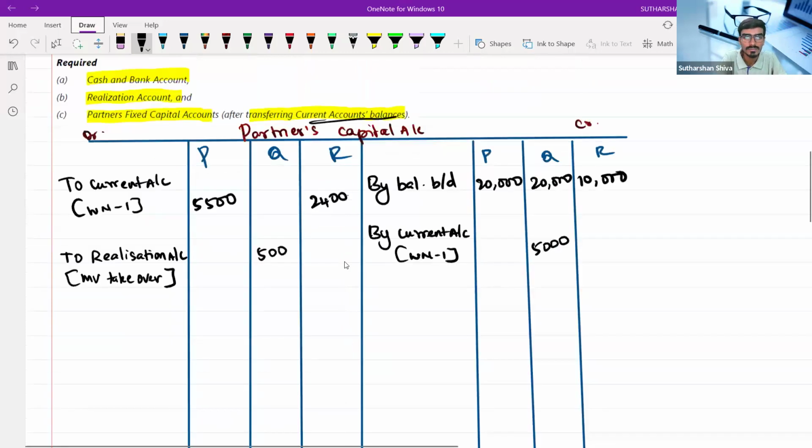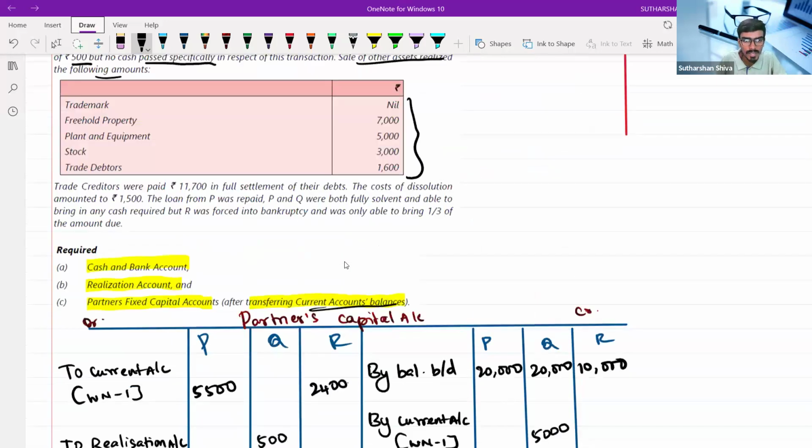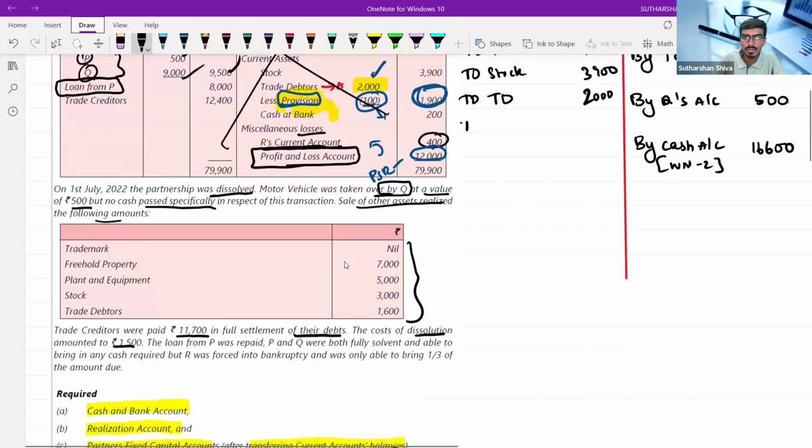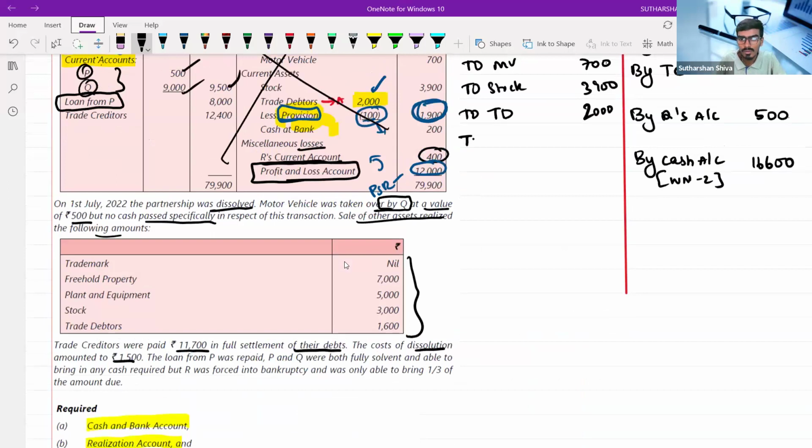Next, trade creditors were paid 11,700 in full settlement of their debts. The cost of dissolution was 1,500. So we will write down to cash account. Trade creditors, 11,700. Next, expenses, 1,500.